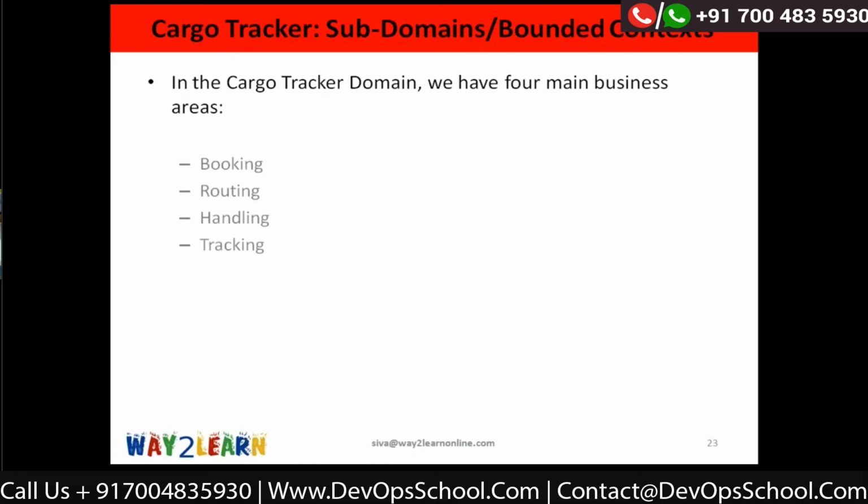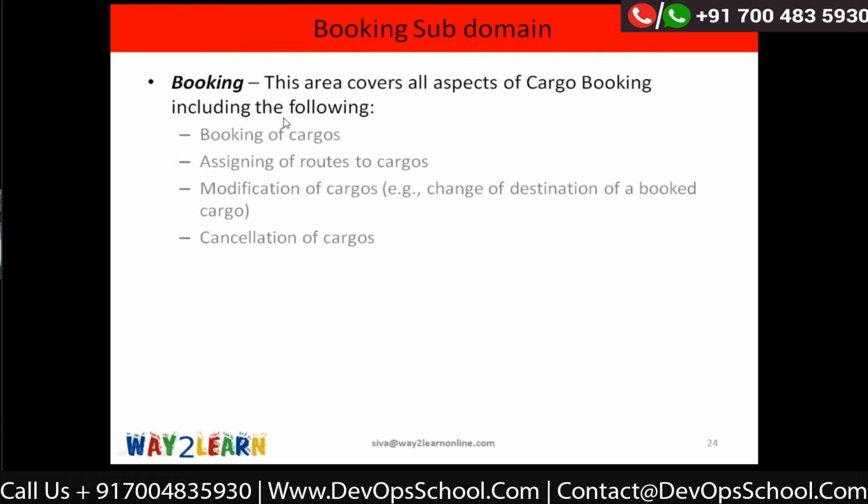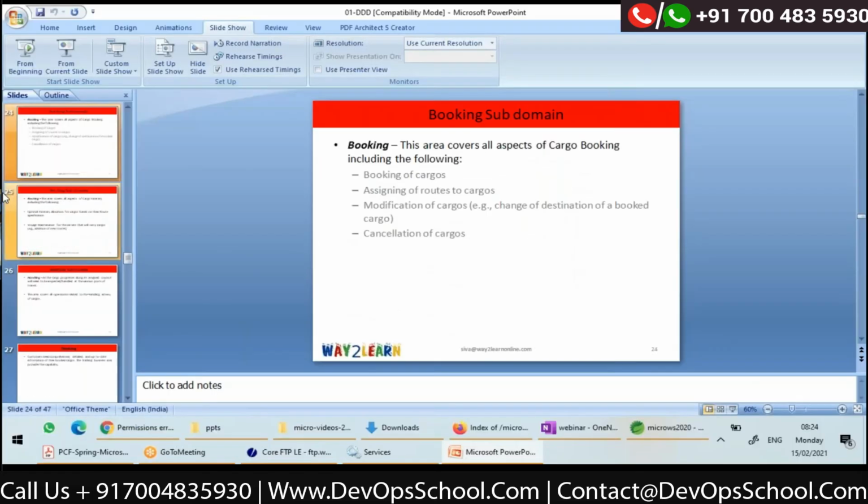Actually, I'll explain step by step. Booking is a subdomain. What does it cover? What are the functionalities it covers? Booking of cargos. Then once a cargo is booked, it has to assign the route to the cargo. What do I mean by a route to a cargo?